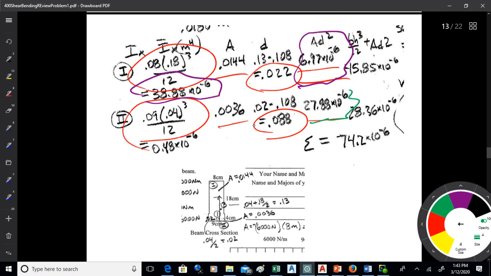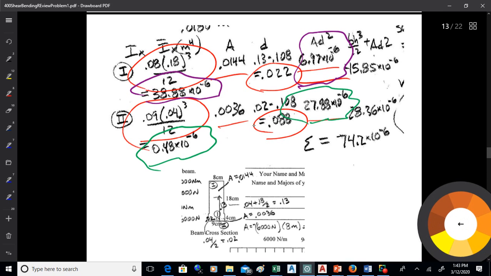Add them up, get the total. Then I add up the totals and I get that number. That's the total moment of inertia of that shape about its neutral axis. So, got any questions on that bit?